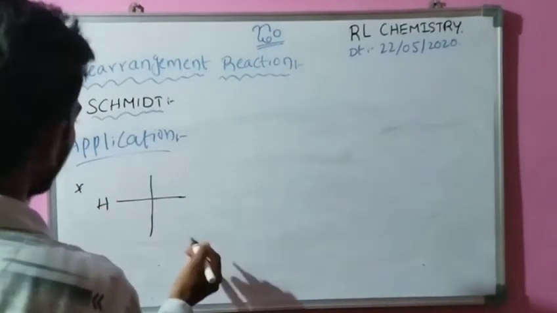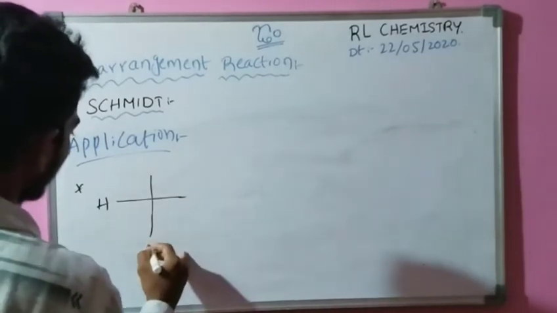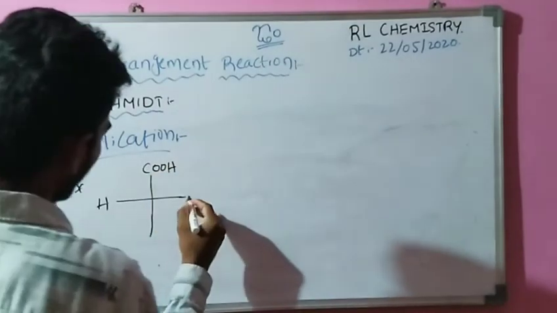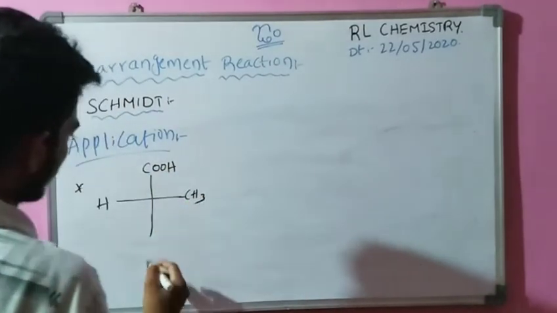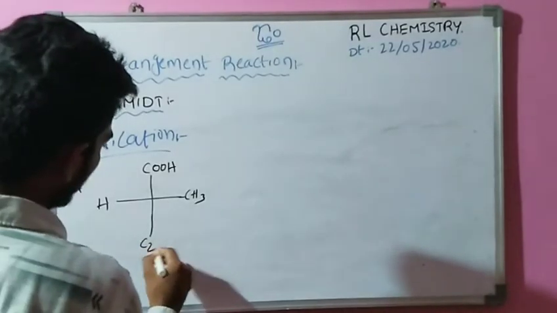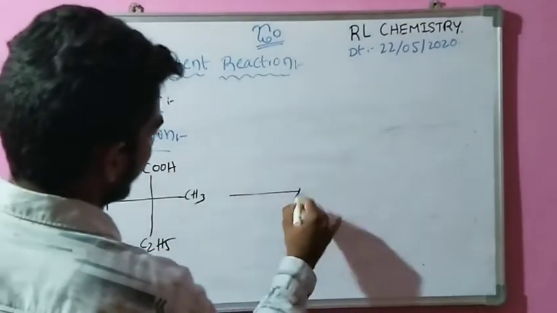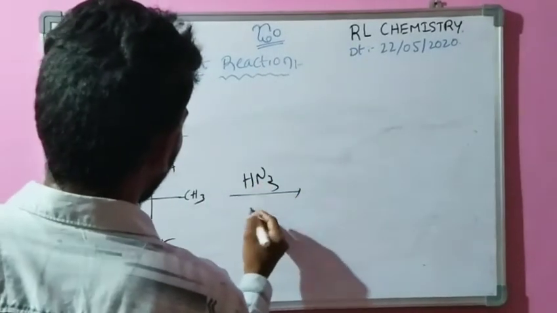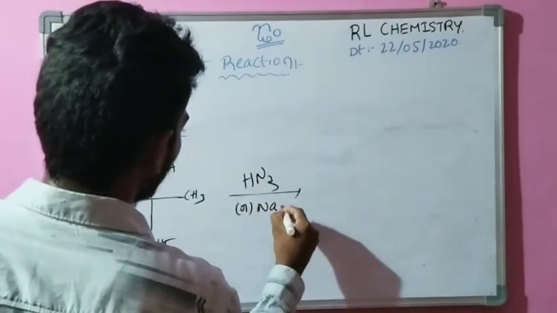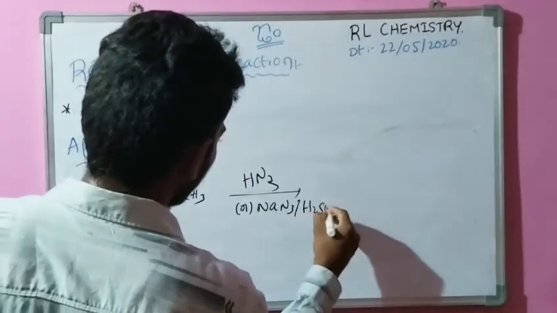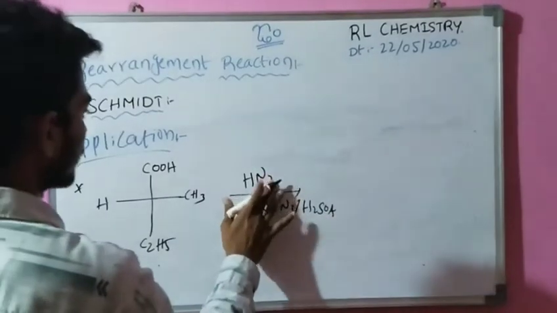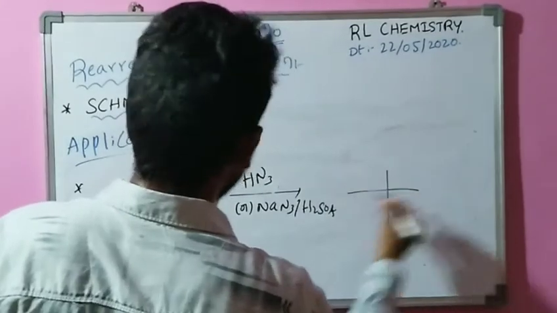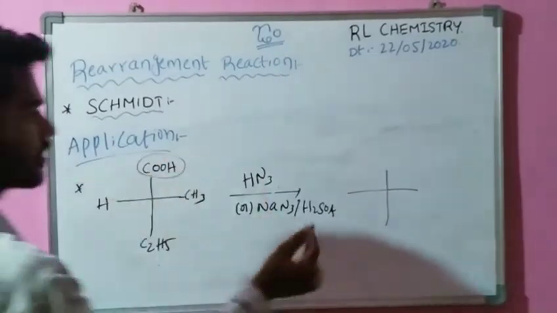For example, H, this is the carboxylic acid group, this is the CH3, and this is the C2H5. In the presence of hydrazoic acid HN3 or sodium azide or sulfuric acid, then only this acid group is changed.